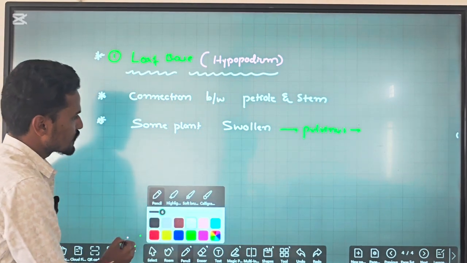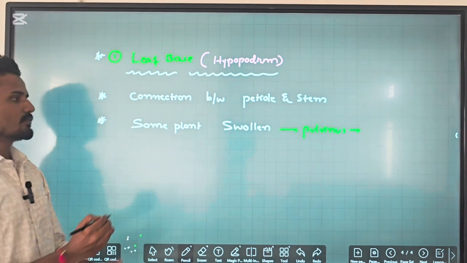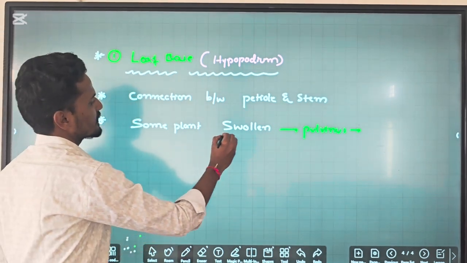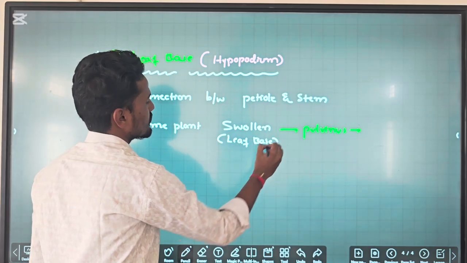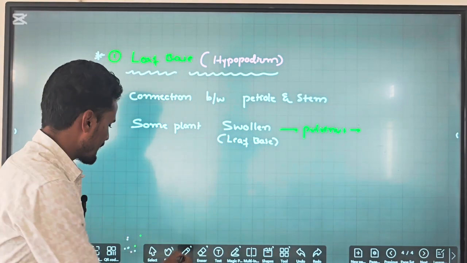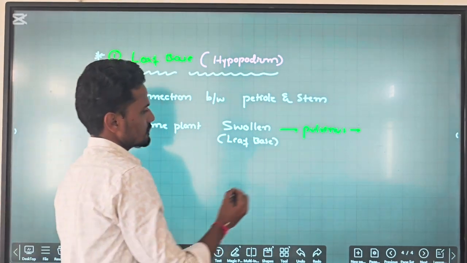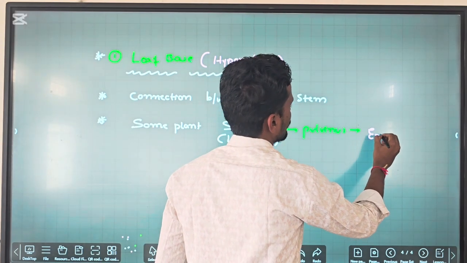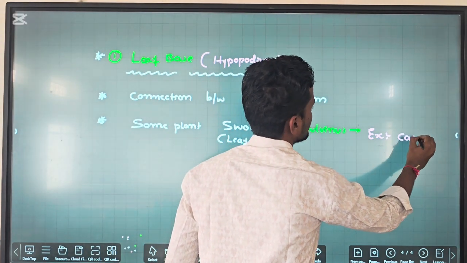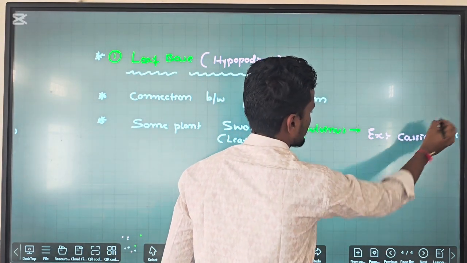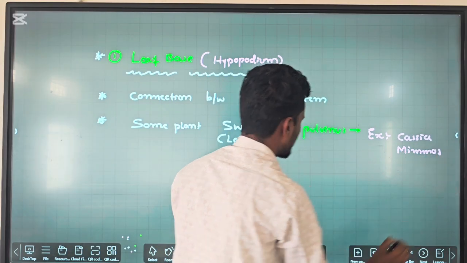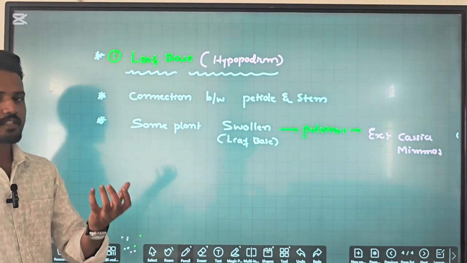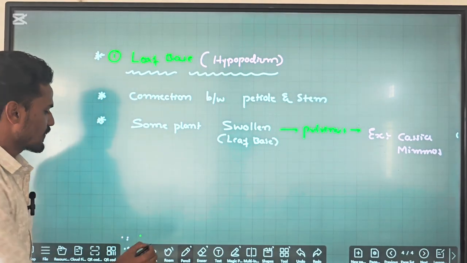In which plants is the leaf base swollen? Examples are Acacia and Mimosa. We'll see diagrammatically how the leaf base becomes swollen.